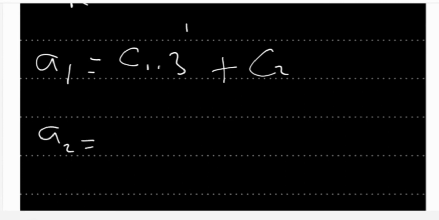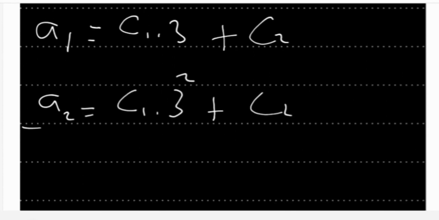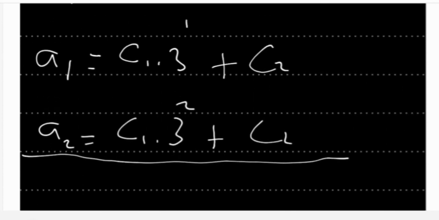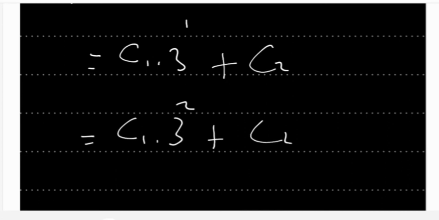Now with A2 is equal to C1 multiplied by 3 to the second plus C2. Now, what was A1 and A2? Well, A1 is 1 and A2 is 2, so this is 2 and this is 1.